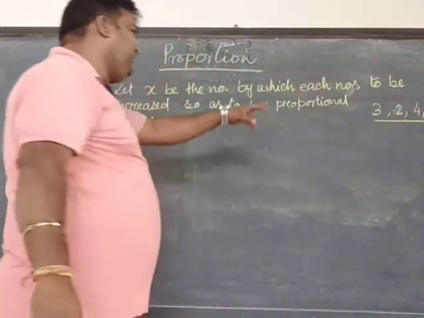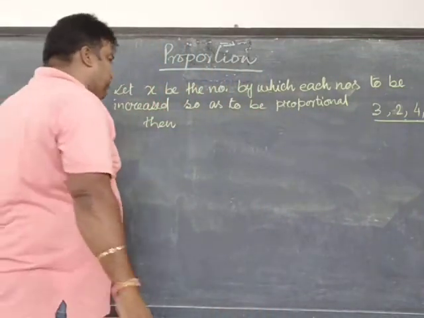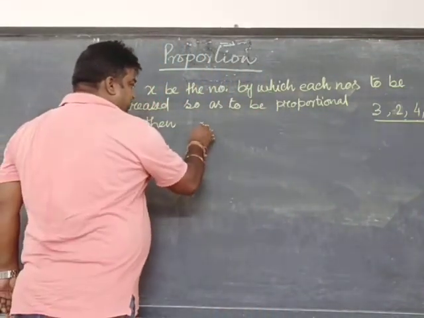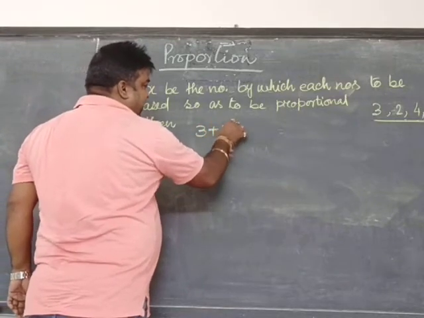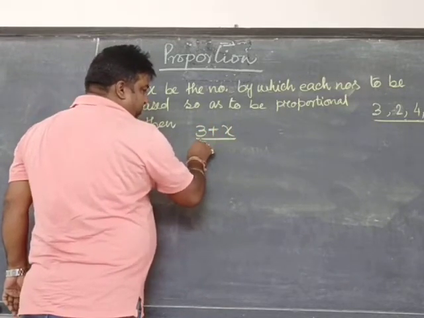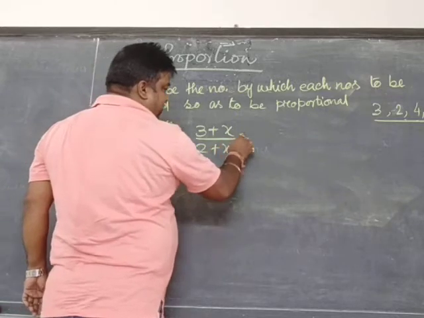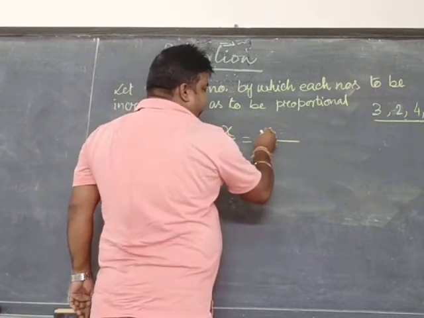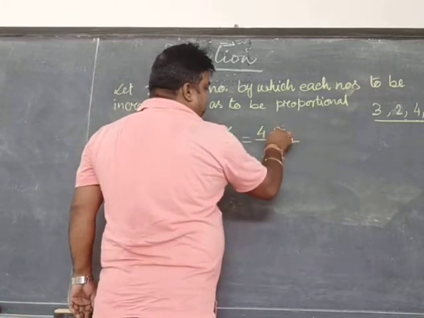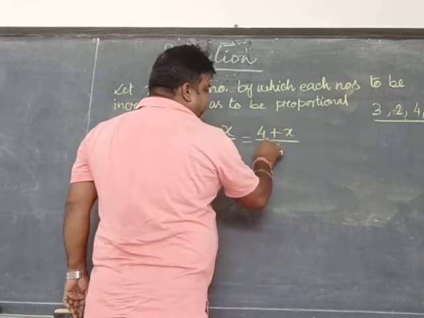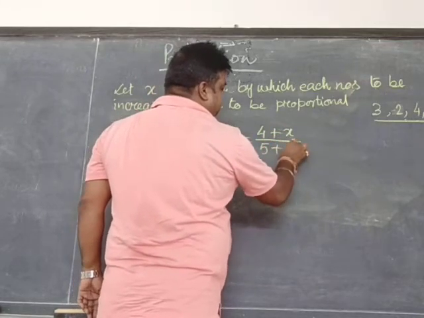So if x is added to each of these numbers, then we will have 2 plus x by 3 plus x is equal to 4 plus x by 5 plus x.